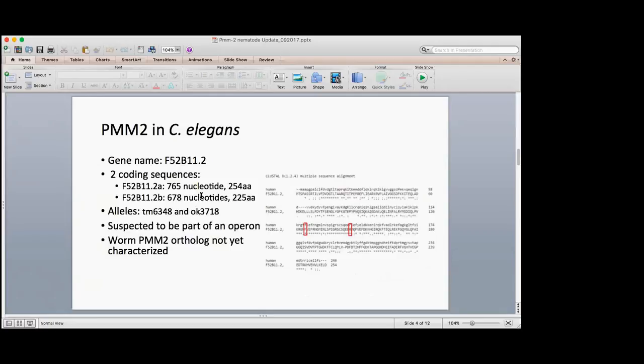That said, there were alleles that we were able to acquire that were available, that were sort of strong loss of function alleles. And the challenge with those is that they have a larval lethality that's very early. So it's very difficult to work with a model where they're dying that early in development.